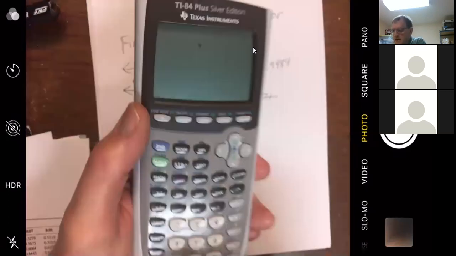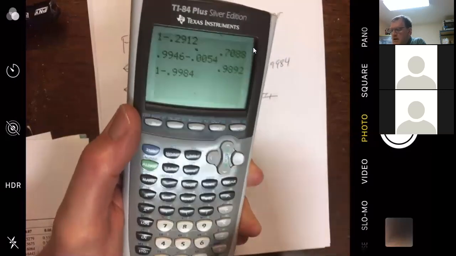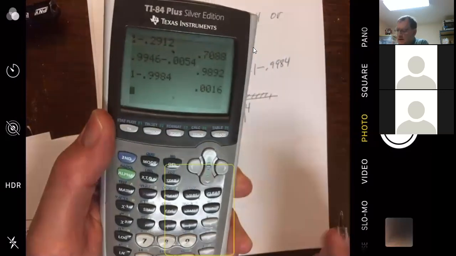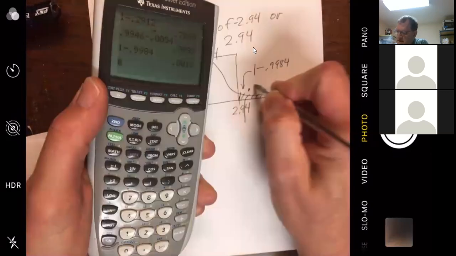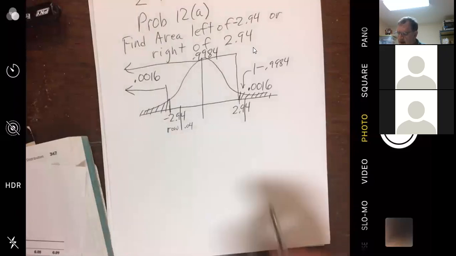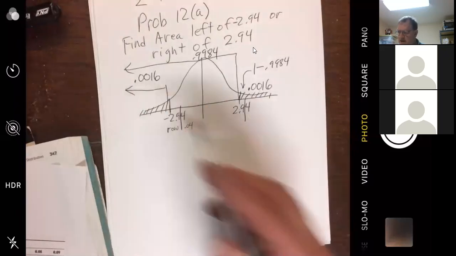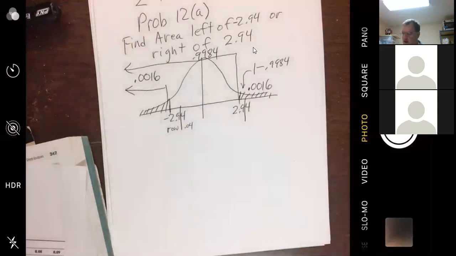Oh, wait a minute, 0.0016. Wait a minute, that's the same as this. How can it be? Yeah, they're the same.